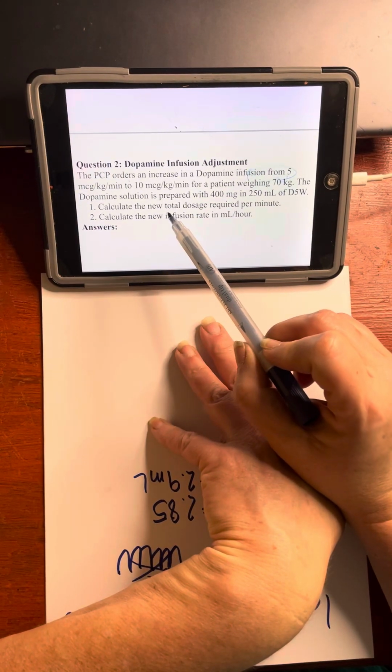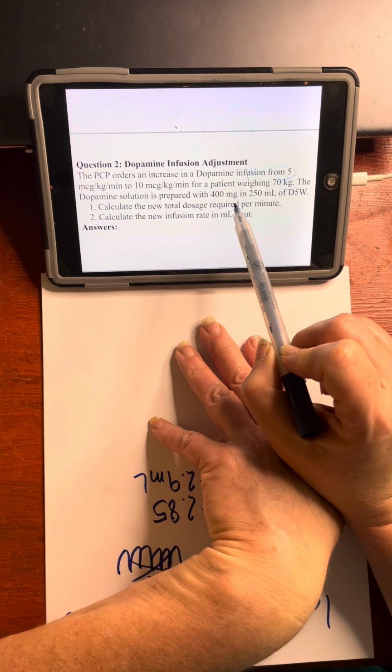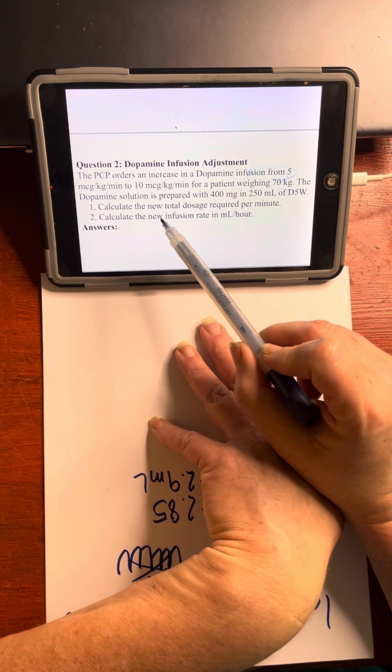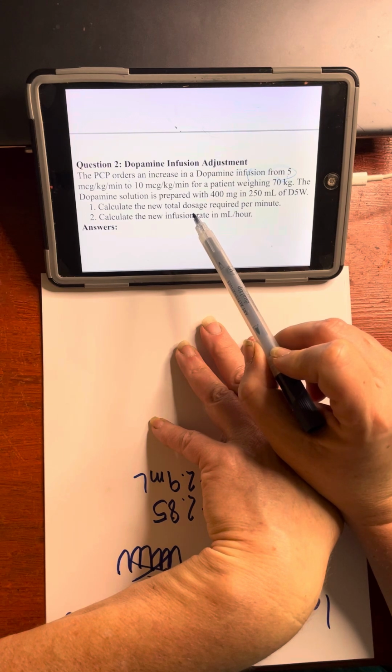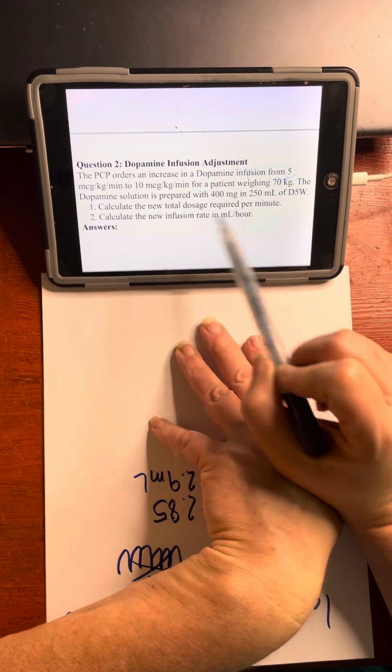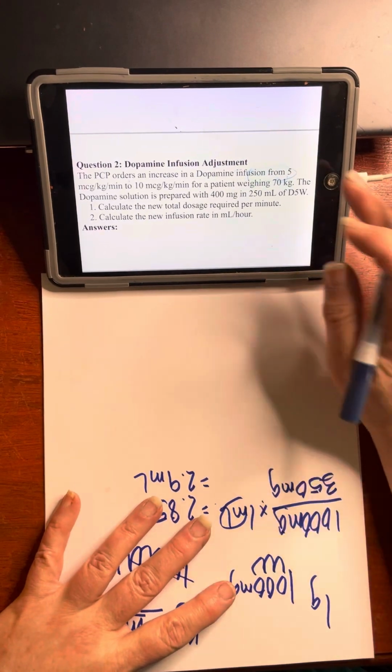The dopamine solution is prepared with 400 milligrams in 250 milliliters. Calculate the new total dosage desired per minute, and then calculate how many milliliters an hour.